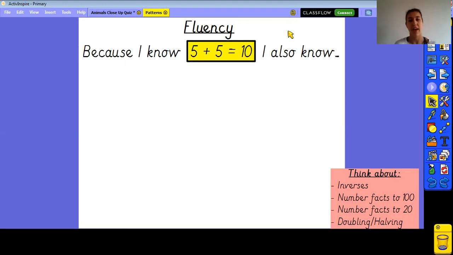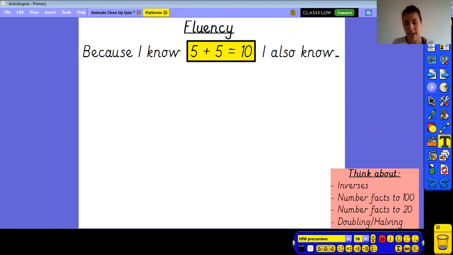Super, so hopefully you've been able to have a go at that now. Let's have a think then. So if I know that 5 plus 5 equals 10, then I also know that addition is commutative, so I could switch these around, but because my addends are the same, that's not going to help me out here because it would just be the same number sentence. So let's go straight on to those inverses then.